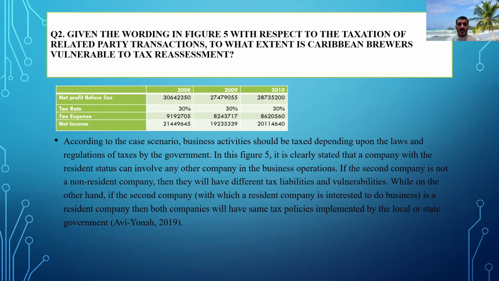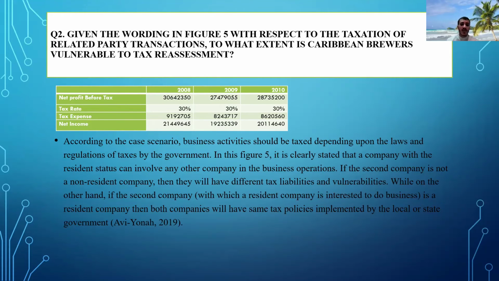The tax rate in the 3 years is a base of 30%. The tax expense in 2008 was 9 million, in 2009 8 million, and in 2010 8.6 million. The net income in 2008 was 21 million, in 2009 19 million, and in 2010 20 million.